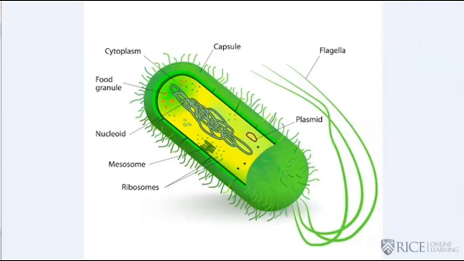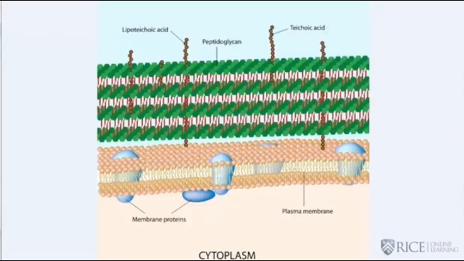And one of the things that they have is a lot of stuff on the surface that allows you to tell them from you. This is a surface cut through the plasma membrane and cell wall of a gram-positive bacterium. And this thick green section is the peptidoglycan cell wall.